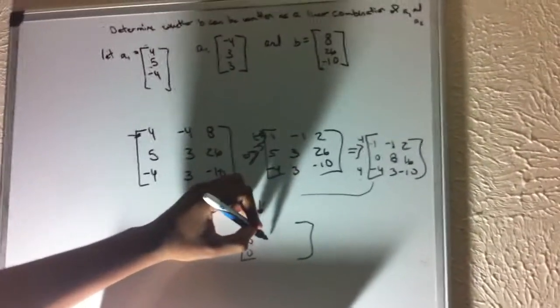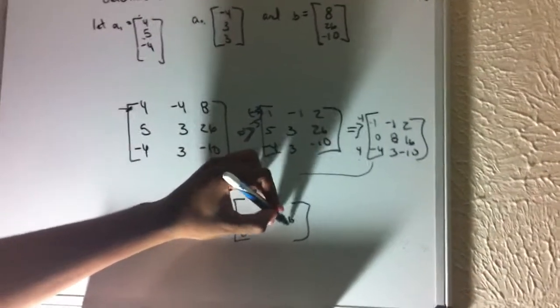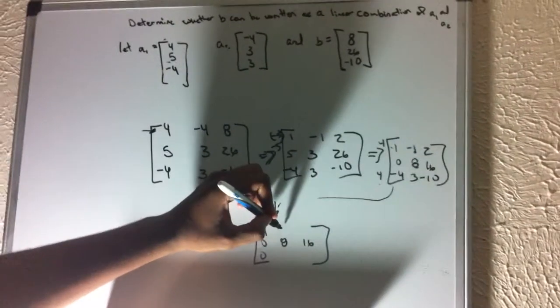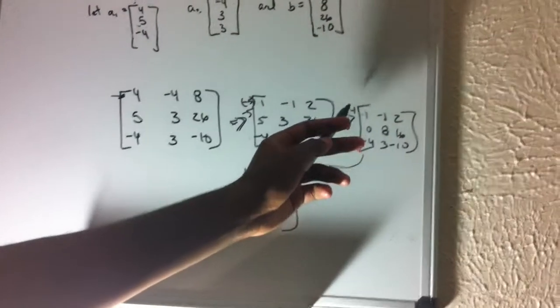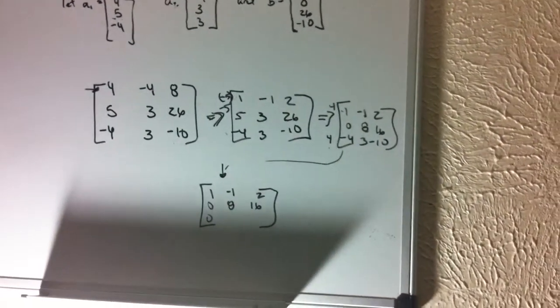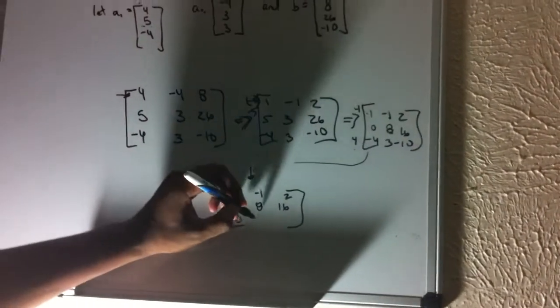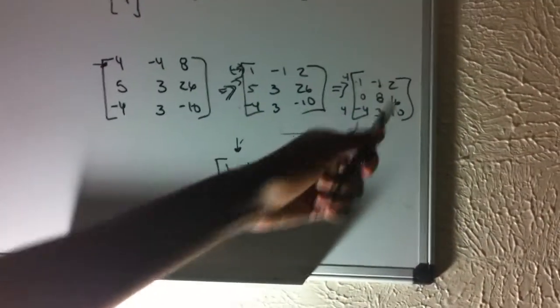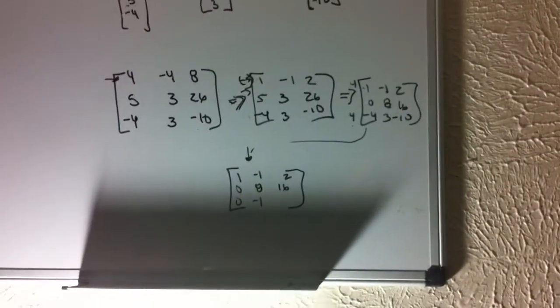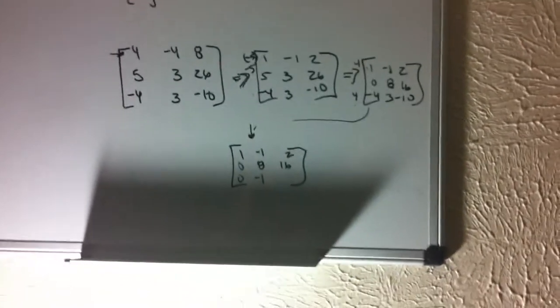Again, we keep the second row the same. We keep the first row the same. 4 times -1 is -4, plus 3 gives us -1. And 4 times 2 is 8, plus -10 will give us -2.